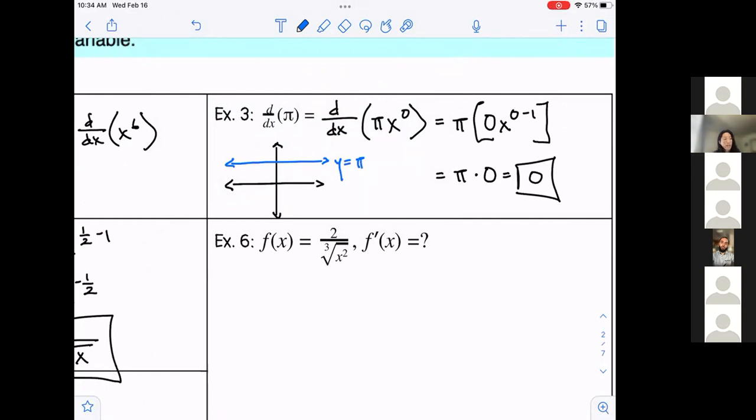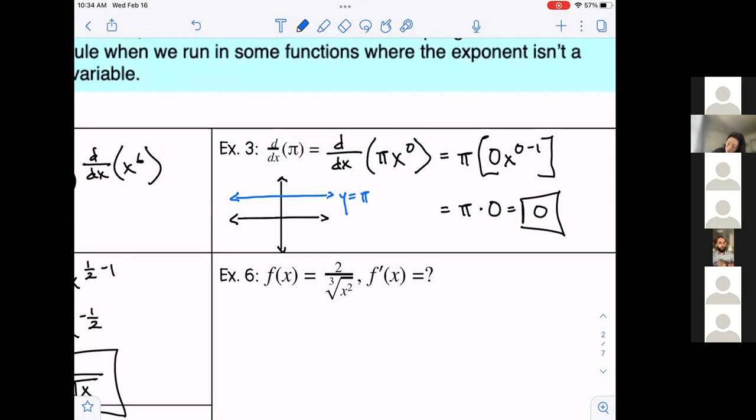What's the slope of that line? 0. Guess what our derivative was? 0. Because the slope everywhere on this line is 0.